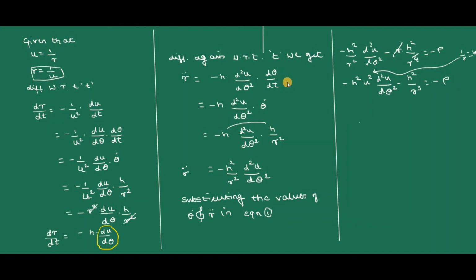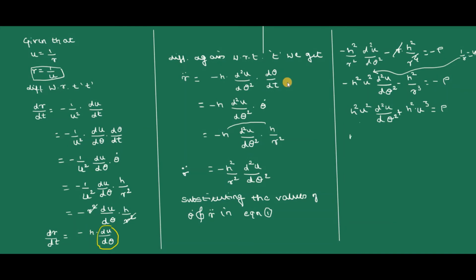And now throughout, the minus sign gets cancelled: h square u square d square u divided by d theta square, minus h square into 1 by r cube. 1 by r cube is nothing but u cube, and the minus sign gets cancelled, so we are left with p. Here you will get plus sign because we have taken minus sign outside.